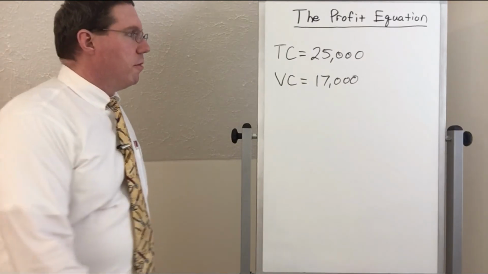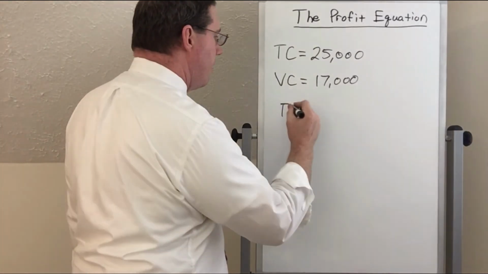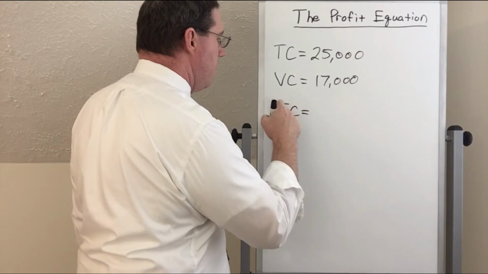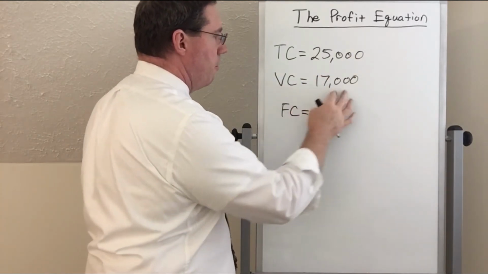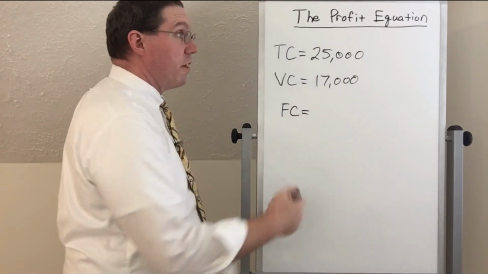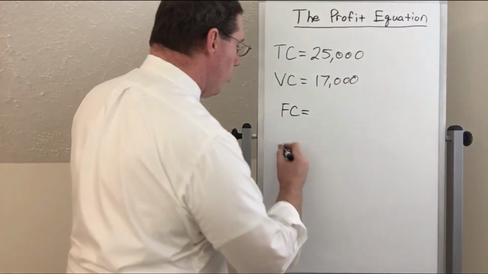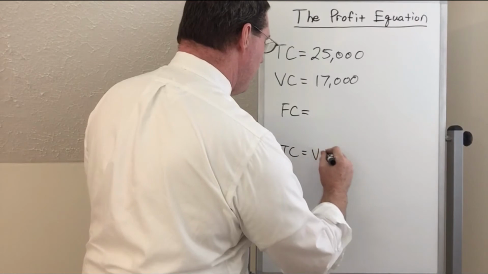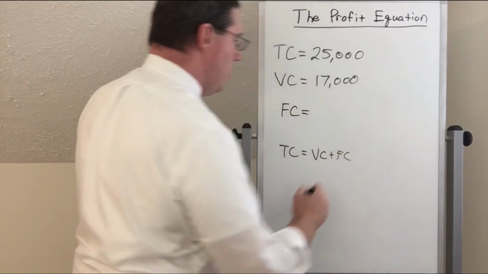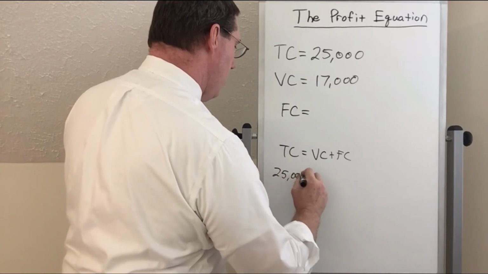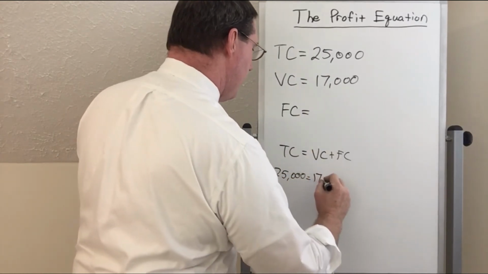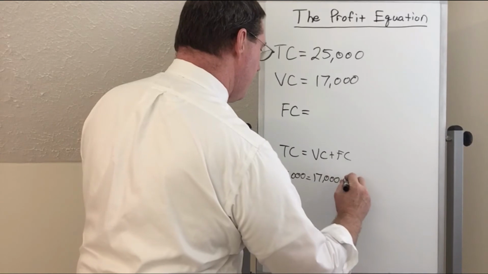All right, so now let's look at a problem where we want to identify the fixed costs of a business. Let's say we're told that the total cost is $25,000 and variable cost is $17,000. What is the fixed cost? Well, we know that total cost is equal to variable cost plus fixed cost. So we'll put the $25,000 in for total cost, and $17,000 for variable cost plus fixed cost.